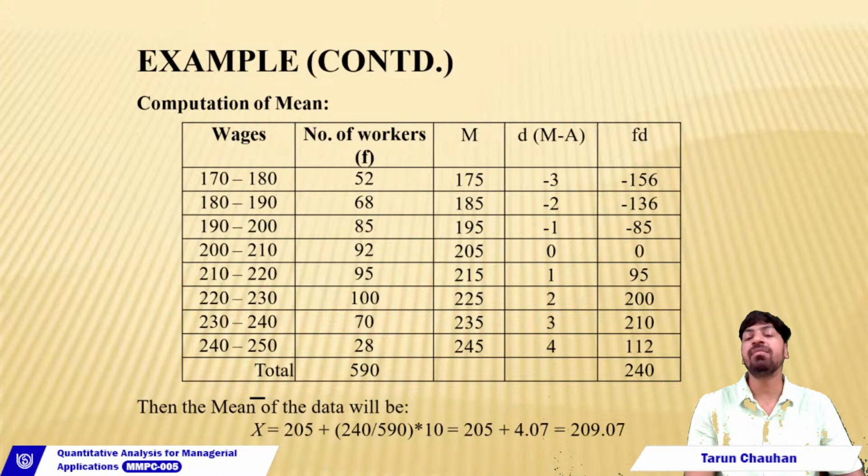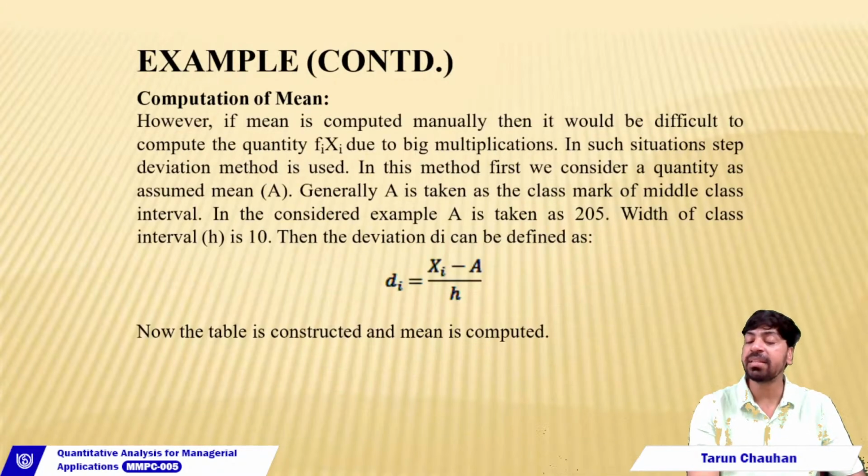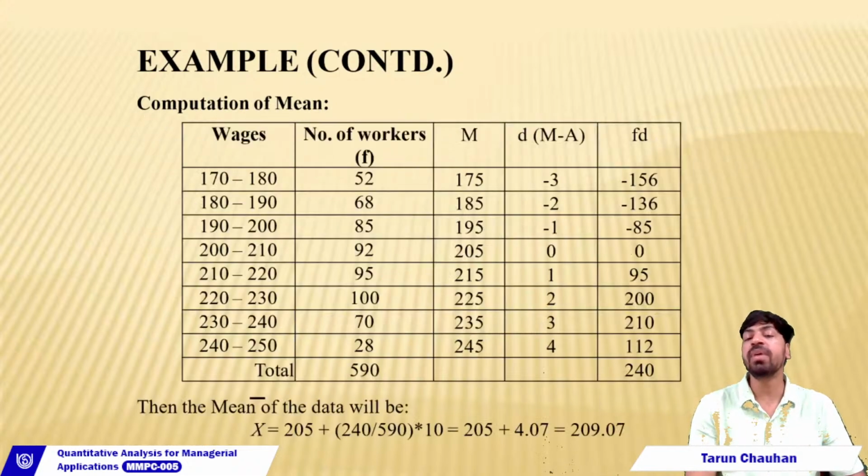This is the formula which has been shown on the screen, and the same formula will be used to calculate D. Once you get D for all the values, just multiply D with the frequency, that is FD.